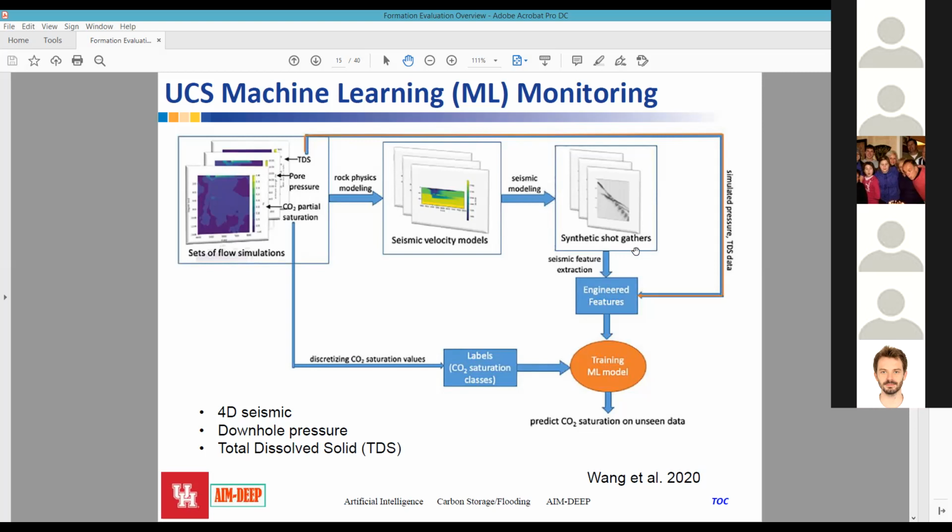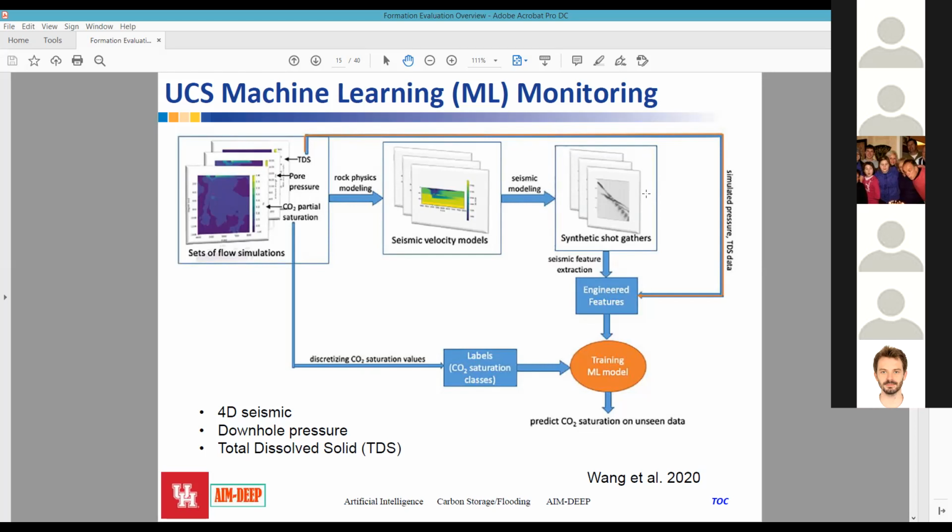We gather the synthetic shots and, using feature engineering, we can start extracting several features, several attributes, like amplitude-related attributes, phase-related attributes, and any other kind of attribute, either as a signal or as an image.